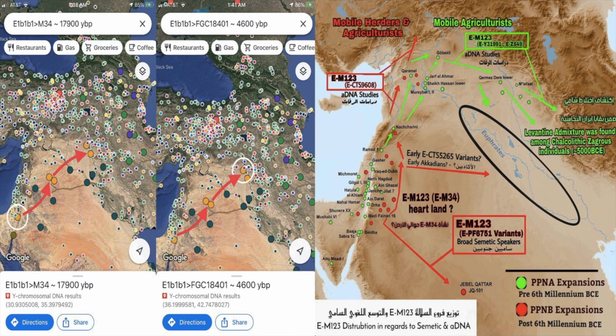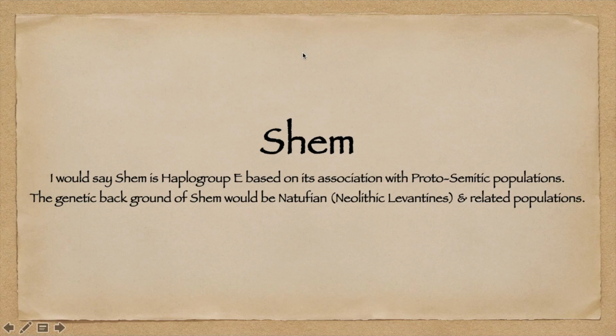And so here's just maps illustrating the migration of E, and you do see old clades of E in the Levant. And then as you expand away from the Levant, you begin to see younger clades of E. So here's the high concentration of E markers we find, and then the more you go out into Mesopotamia, the E clades get younger, which sort of indicates that Semitic migration from the Levant into Mesopotamia and other parts of the Middle East as well.